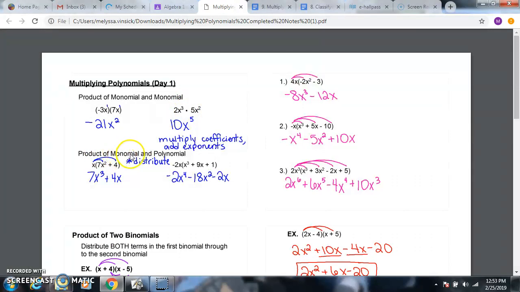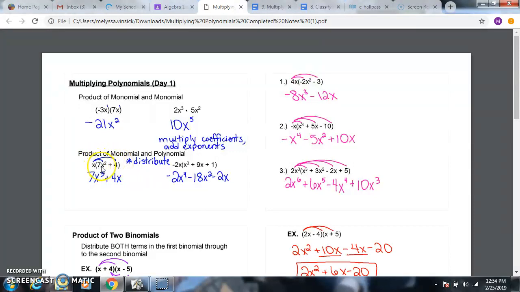Then we have the product of a monomial and a polynomial. I'm taking a one-term item times some other polynomial that maybe has 2 terms, 3 terms, 4 terms. If it's a monomial times something else, you're distributing. In this first example, I'm taking the x out front and multiplying it times my binomial of 7x squared plus 4, which means I have to distribute it in.